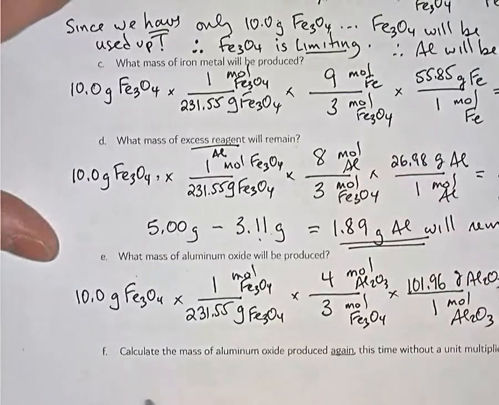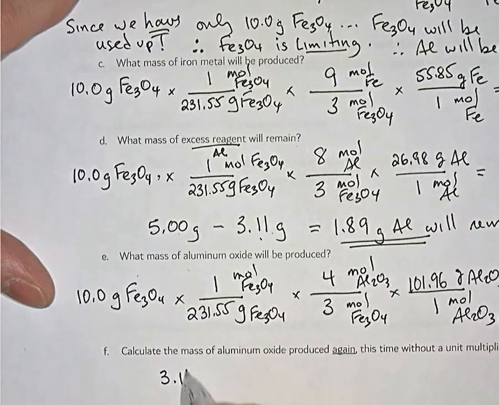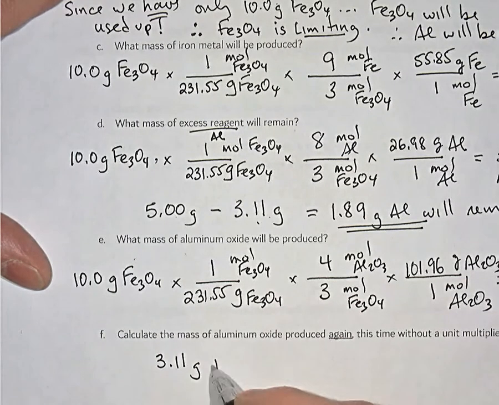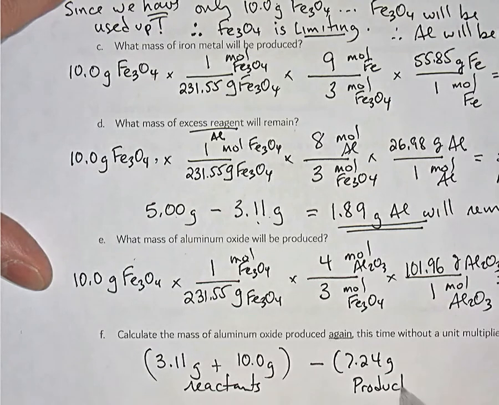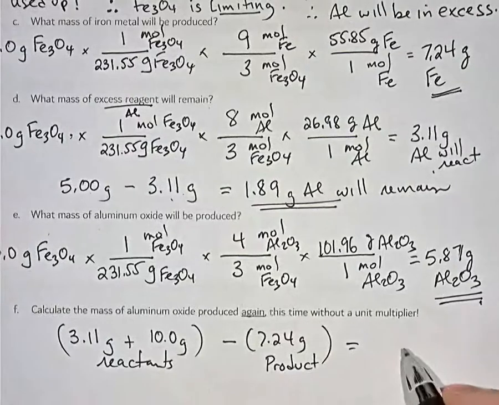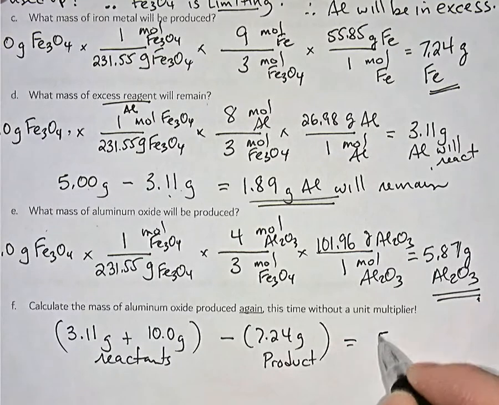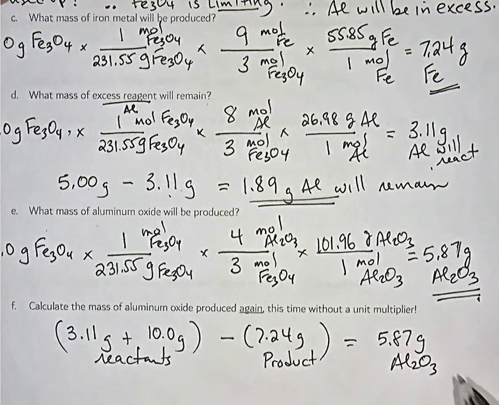So all I'm doing down here is saying 3.11 grams plus 10.0 grams, those were the reactants, minus the 7.24 grams, which was the one product that we knew. This gives me the mass of the remaining product, which was 5.87 grams. And if you take a look, that's the same answer we got using unit multipliers earlier.